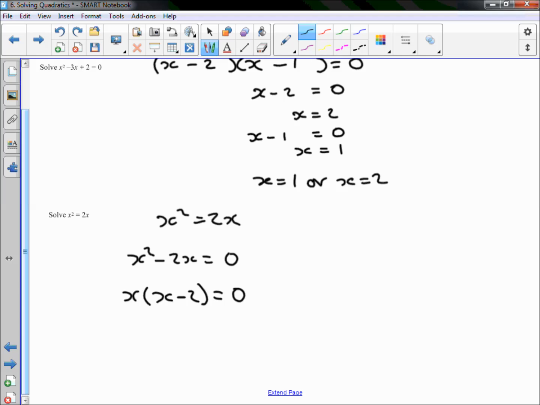Now we've included this deliberately because what we often find is that quadratics like this that factorise with a linear term and just an x or some multiple of x tend to throw people for some reason.